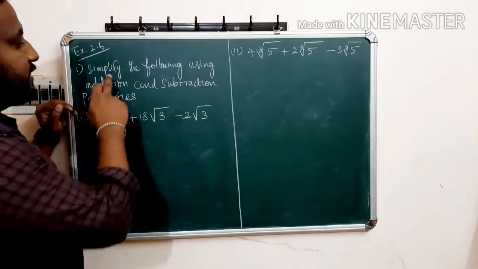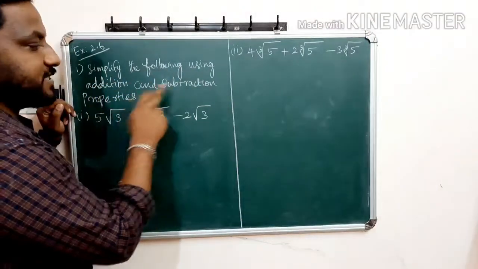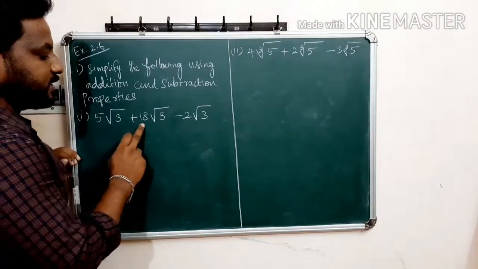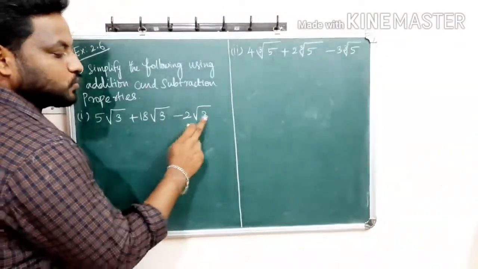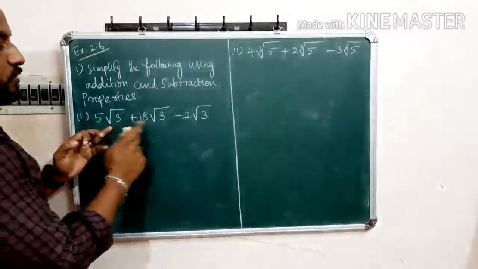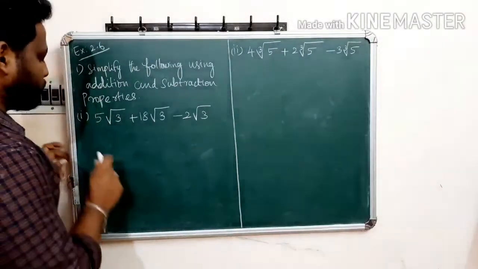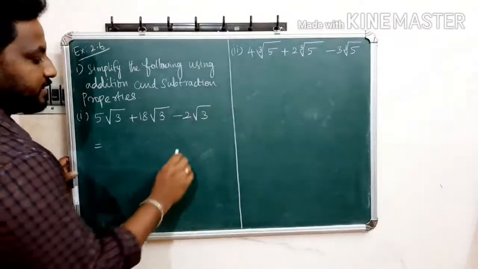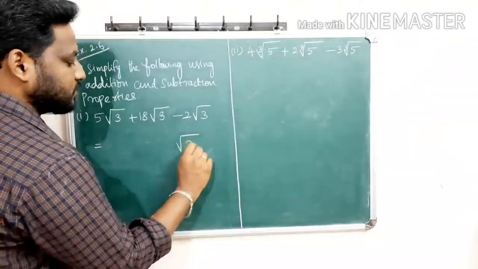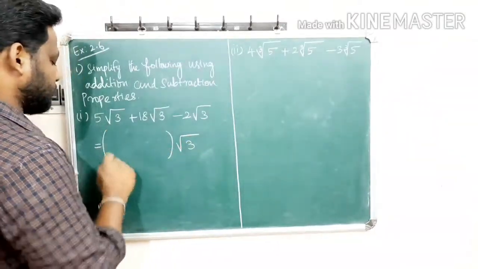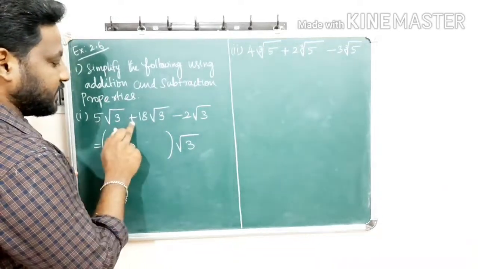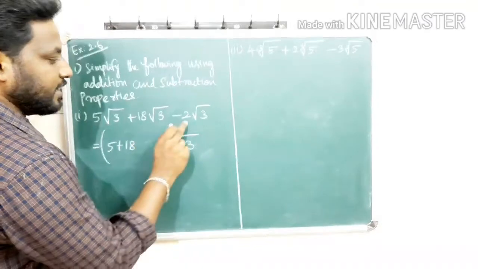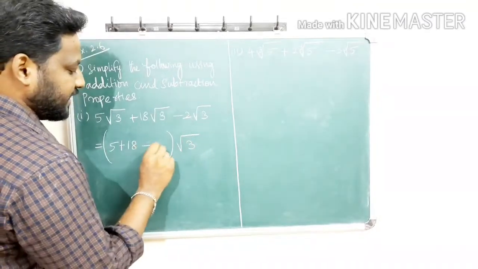First one is simplify the following using addition and subtraction properties. So first question, 5 root 3 plus 18 root 3 minus 2 root 3. Here the root numbers are the same, so we can take root 3 as common. Then the numbers, here 5, here plus 18, 5 plus 18, and then here minus 2.